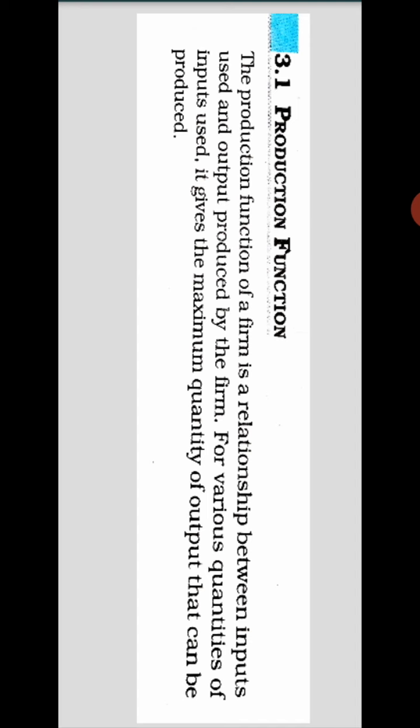But if you are using more labor and more land, the output will be maximum. So as input changes, the production also changes. If you are using more input, the output will be more. If you are using less input, the output will be lesser.